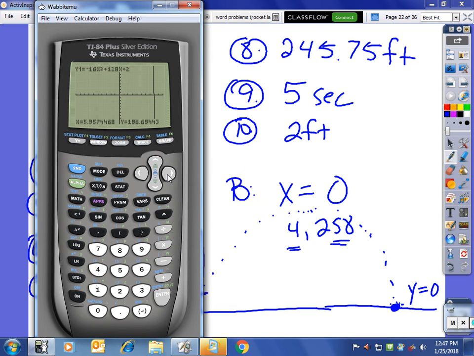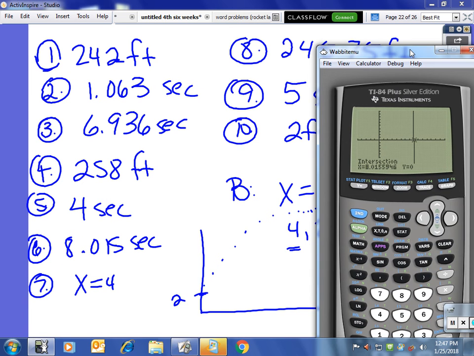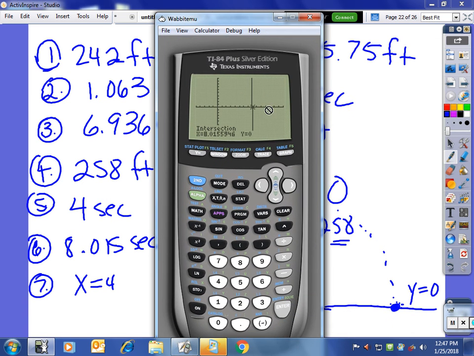The negative root really doesn't make sense in this problem because it started on a platform that was 2 feet. Let me try it again. Second function, calculate, intersection, first curve, second curve, guess. There it is. It was in the air for 8.015 seconds. You just have to make sure you're on the positive root.